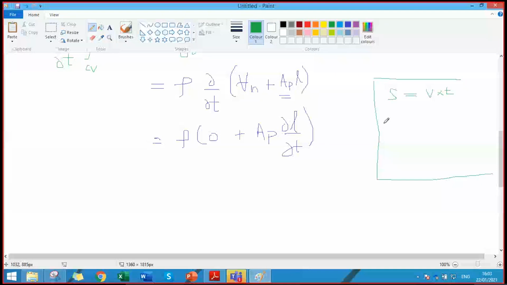The change is negative dL, and if vp is the velocity of the plunger and time is delta t, partial t, so vp would be equal to minus partial L by partial t, right? Or partial L by partial t is equal to minus vp. Clear?